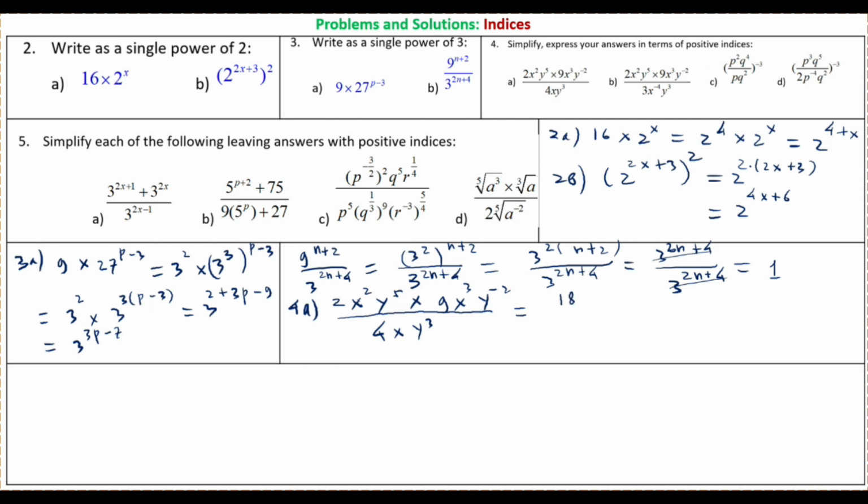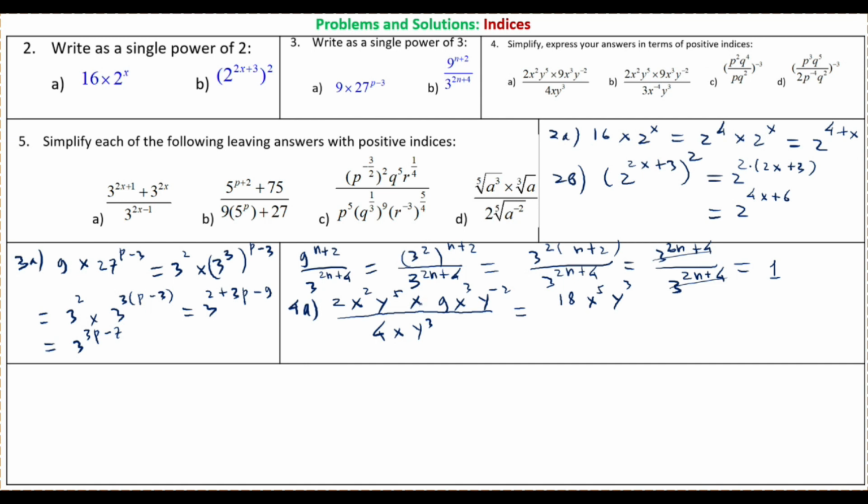And then x squared times x cubed becomes x to the power of 2 plus 3, 5. And then we have y to the power of 5 times y to the power of minus 2. So we've got 5 minus 2 is 3, y to the power of 3.